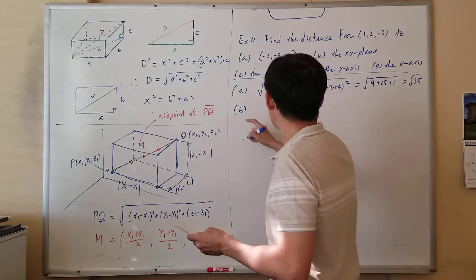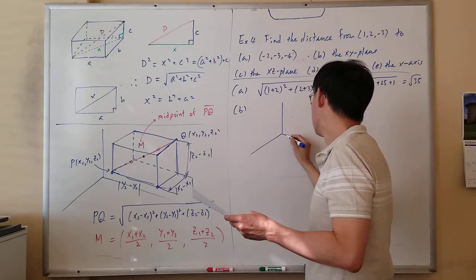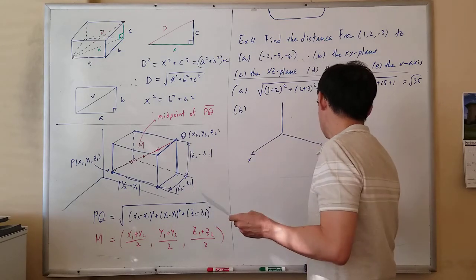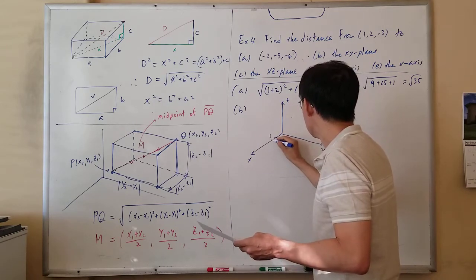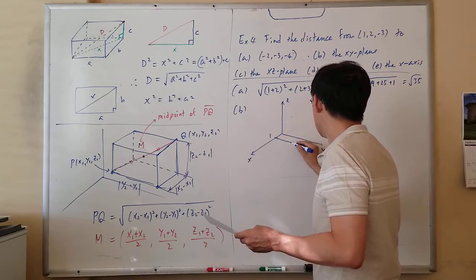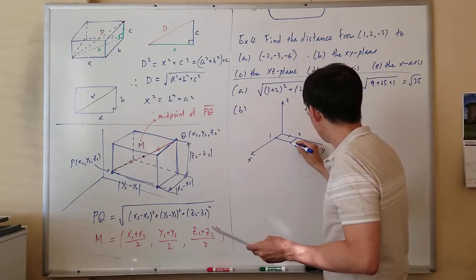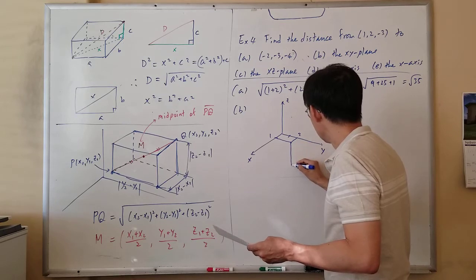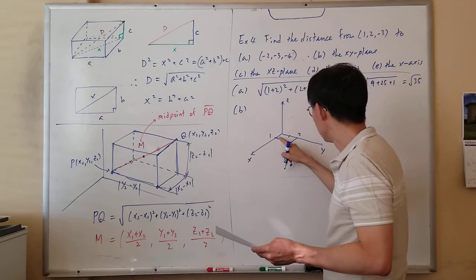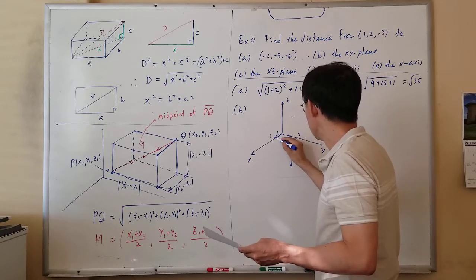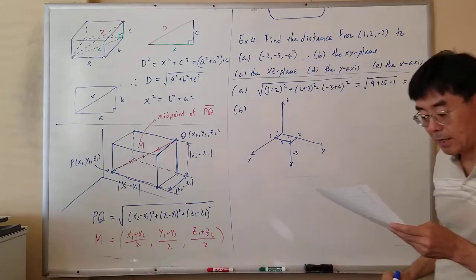B. Okay, let's draw the points in this x, y, and z. 1 and 2, and then down by 3 there, right? So 1, 2, down by 3. Okay?